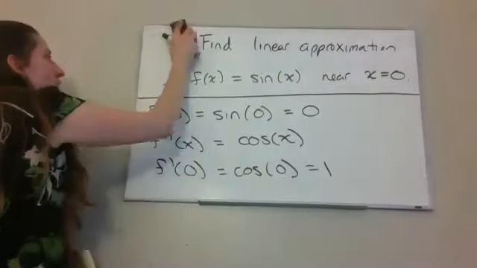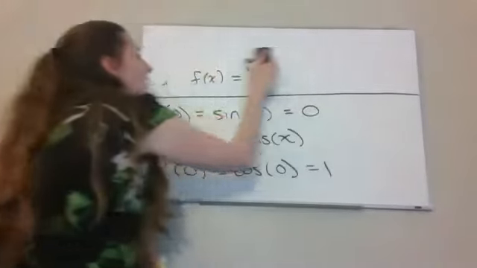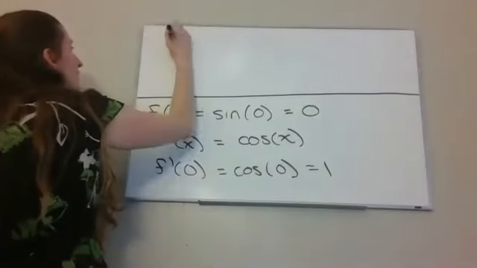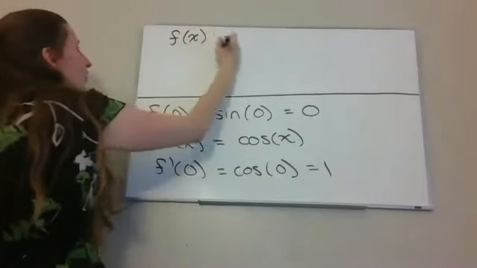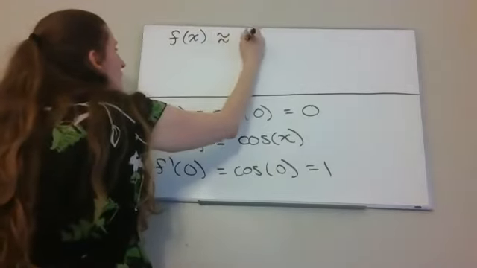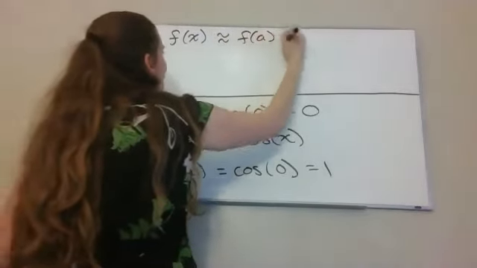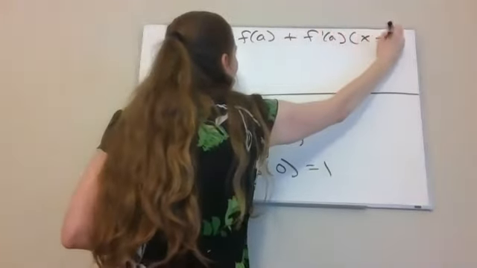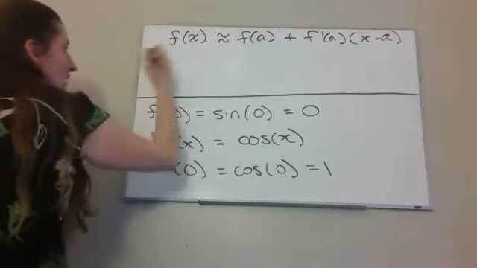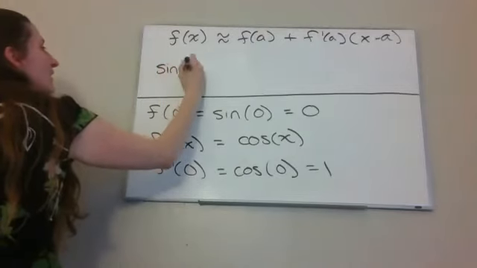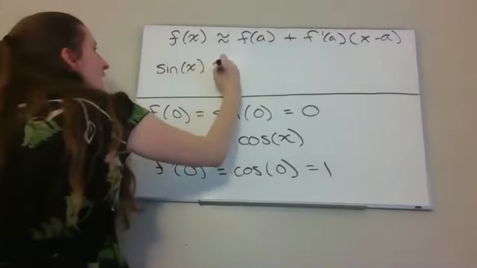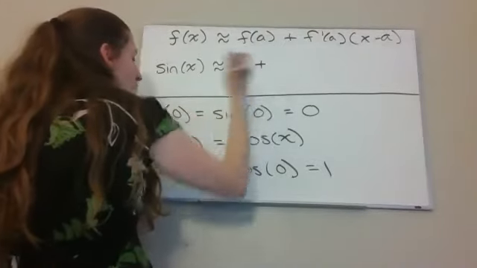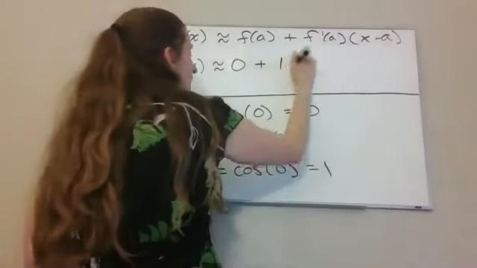So now I can write my linear approximation. Remember that f of x is approximately equal to f of a plus f prime of a times x minus a. f of x was sine of x. f of a was 0. f prime of a is 1.